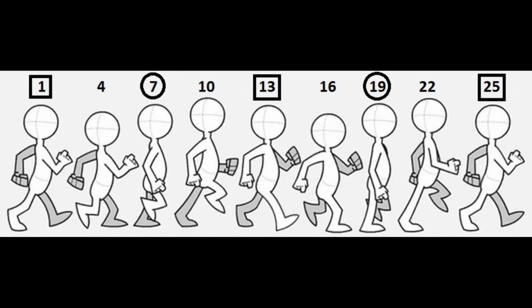1, 13, and 25 will be our extremes, contact positions. 7 and 19 will be our breakdown, passing position. And 4, 10, 16, and 22 are in-betweens.